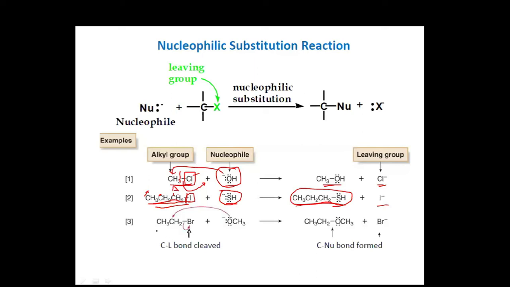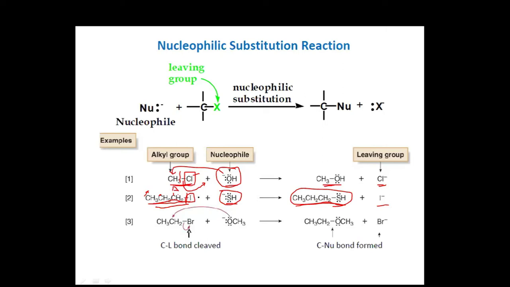Fine. Next, the third example. What is the difference between the first and second examples? In the first case, we used an alkyl chloride as substrate and OH minus as nucleophile.